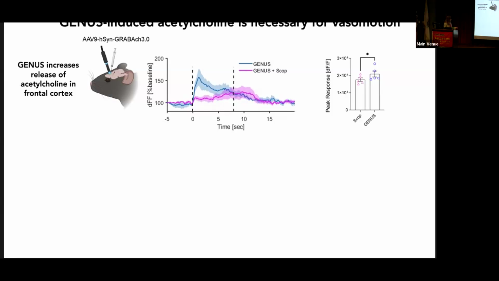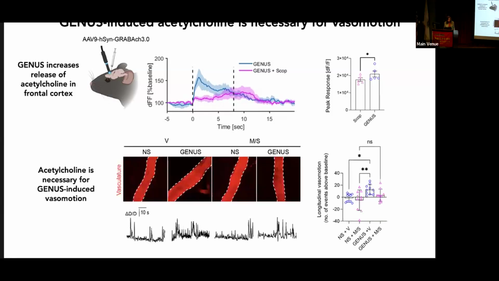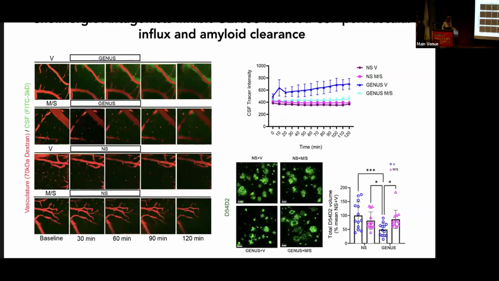This is blocked when we treated the animals with scopolamine, which is a cholinergic inhibitor. Then we realized that cholinergic signaling is actually necessary for GENUS-induced vasomotion, because when we block cholinergic activity using these inhibitors, this vasomotion is inhibited.